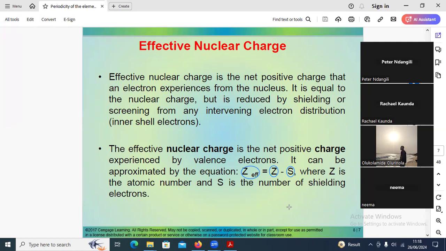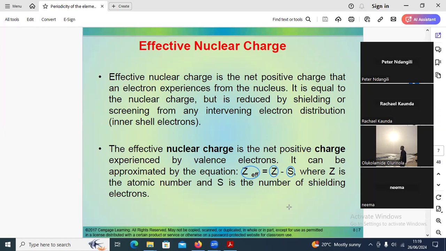For example, if we are talking about iron, iron is going to have some 3d electrons. Each of those 3d electrons will have a particular effective nuclear charge. Because they are all in the same 3d, we can pick any electron in the 3d and look at how much shielding it is going to have as a result of the 4s electrons, the 2p electrons, the 2s electrons, and the 1s electrons.